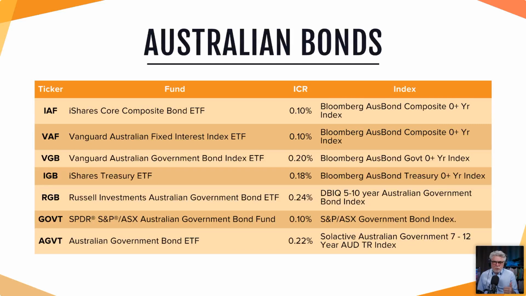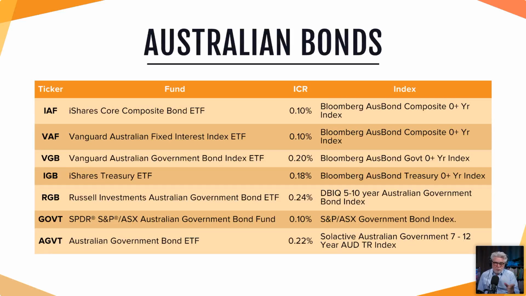And so that's a potential problem, particularly if you're starting to add more and more of them. The other thing to watch with bond portfolios is that because the big banks have to hold a lot of it that they can then use to repo with the Reserve Bank, they tend to focus on the shorter term stuff.